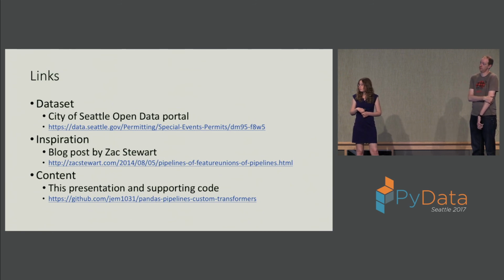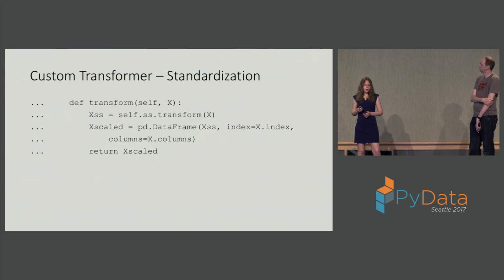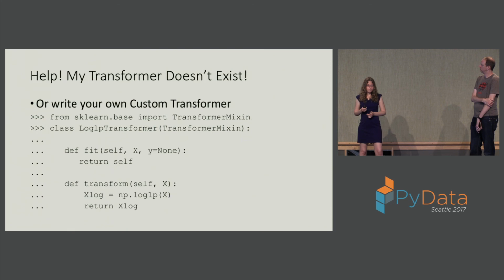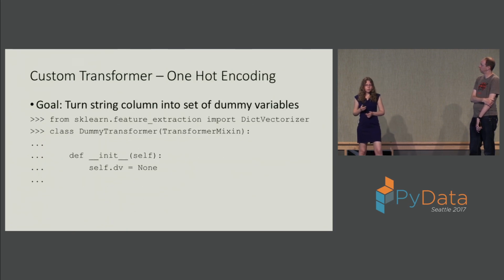Yes? Talk a little bit about how the dummy transformer helps to basically handle if a park shows up in the test set and not the training set. Right. Okay. Can you repeat the question? So the question was again about the dummy transformer. If I flip back to that. Oh, too far.